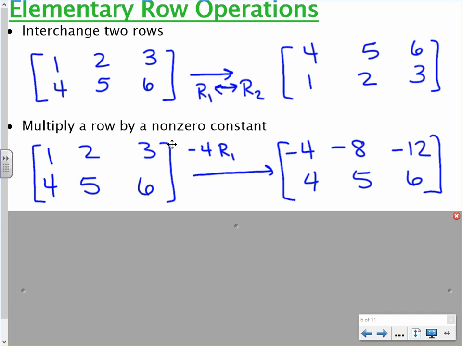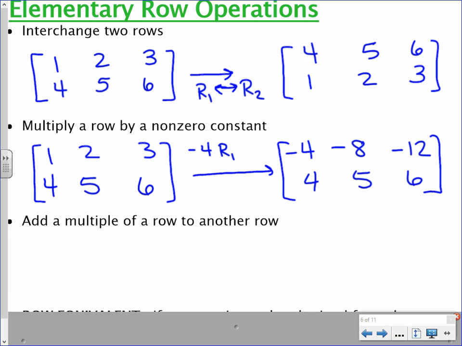And then last but not least, we can add a multiple of a row to another row. This is the one you'll probably use the most when we get into tomorrow's topic.